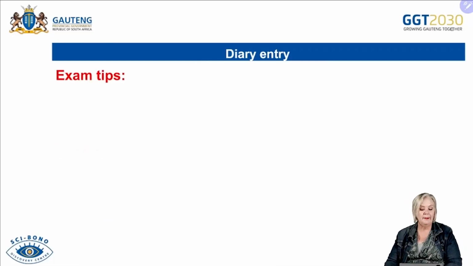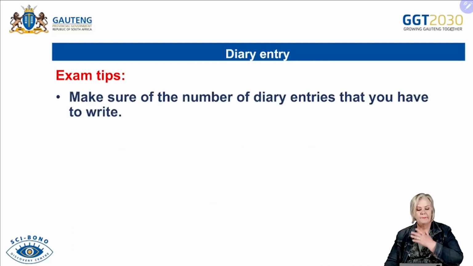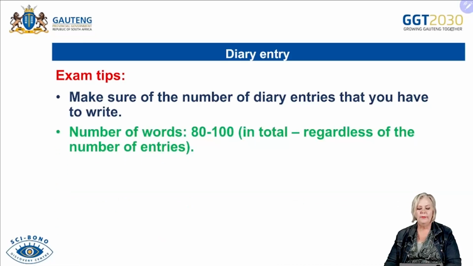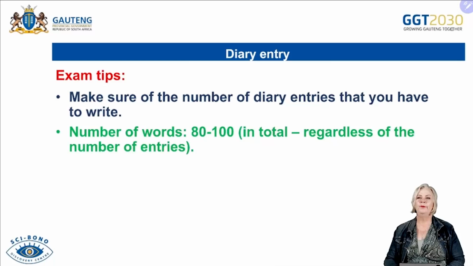A couple of exam tips for the diary entry. Make sure of the number of diary entries that you are required to write. Very often the question will dictate to you whether it's an event. Let's use an example. You are writing in your diary about your matric farewell.